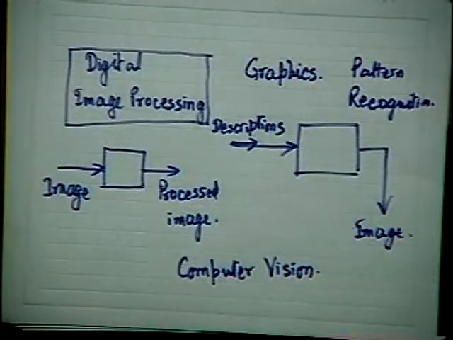We will try to recognize the different objects, give descriptions to these different objects, properties, everything we will associate, and that will be the goal of computer vision. So we very often hear of all these terms, but our discussions in the next 40 lectures will be restricted to the subject of digital image processing.